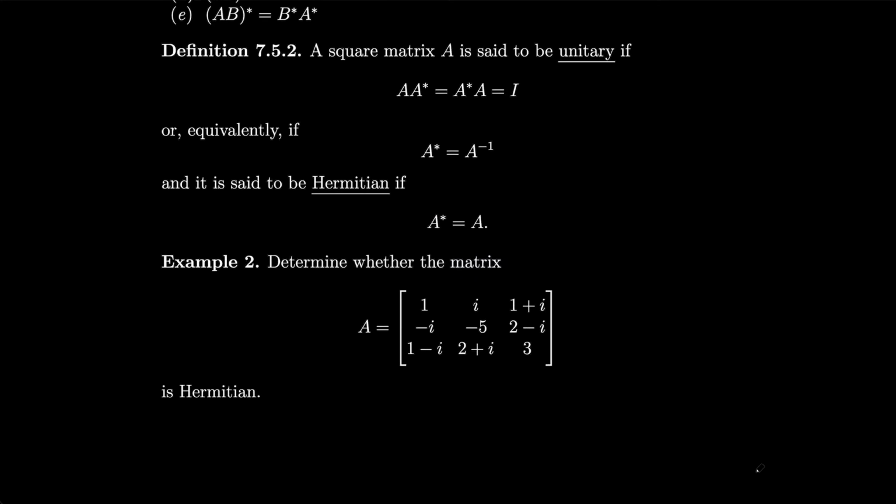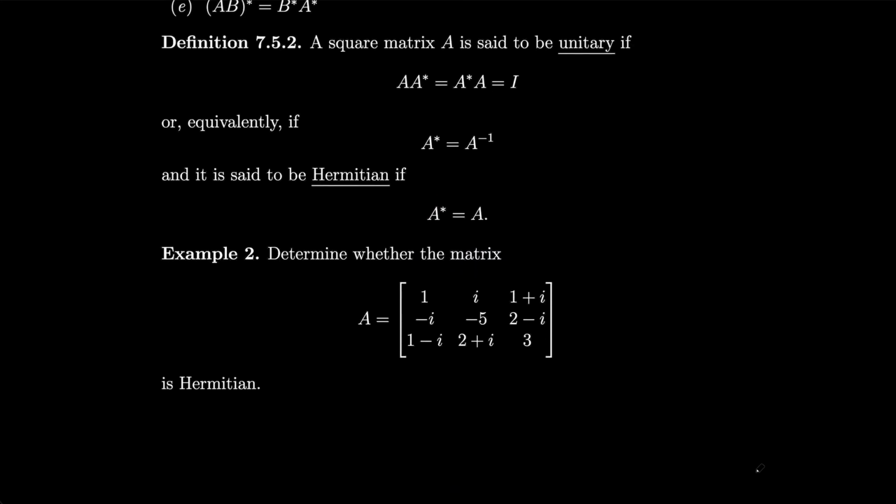Let's determine whether the matrix given over here is Hermitian. So notice that we have 1, minus 5, and 3. Those are all real numbers, so in other words, they're in the set R. But the other entries, if I look at, for example, i and minus i, those are conjugates. 1 plus i is conjugate to 1 minus i, and 2 minus i is conjugate to 2 plus i.